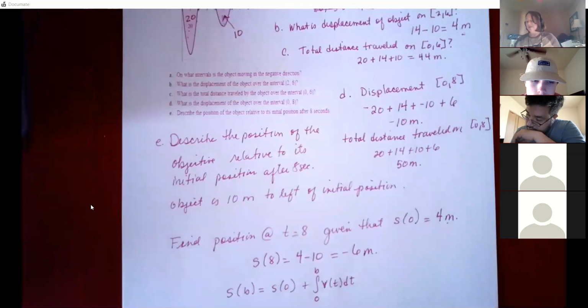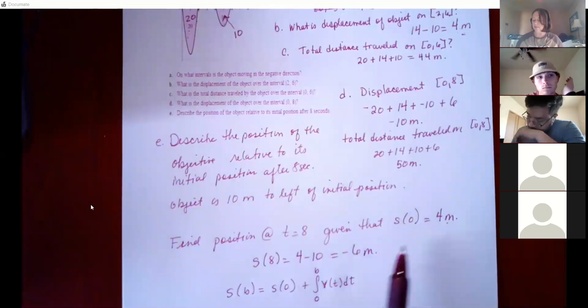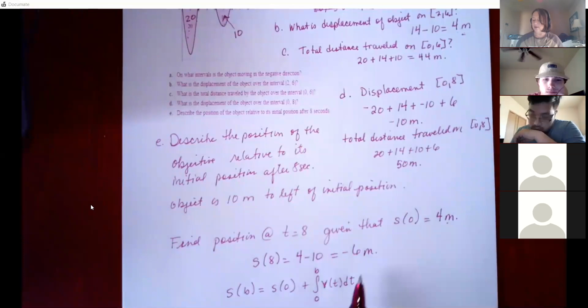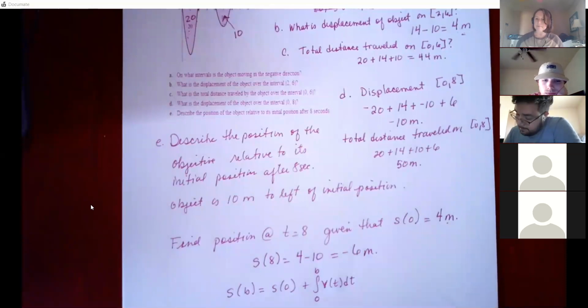Now, we had it figured out a little bit more easily. We'd already done all the work, so we didn't want to integrate it separately. We know this particular part is just your displacement over the interval from 0 to B. Add displacement to initial position, and you'll get your position at that time.